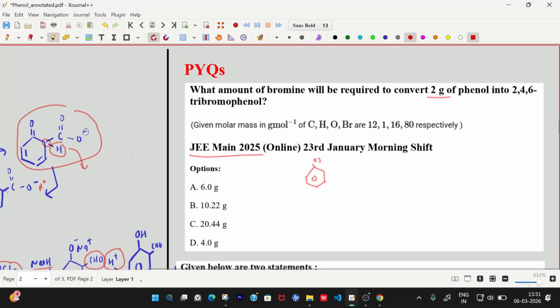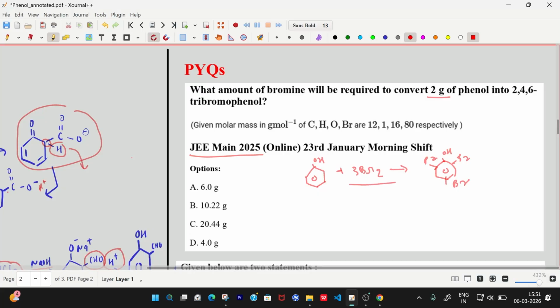We have phenol, and we are reacting it with 3Br2 to form this product. And 1 mole of phenol will react with 3 moles of bromine. Because of this, let's calculate the moles of phenol used.